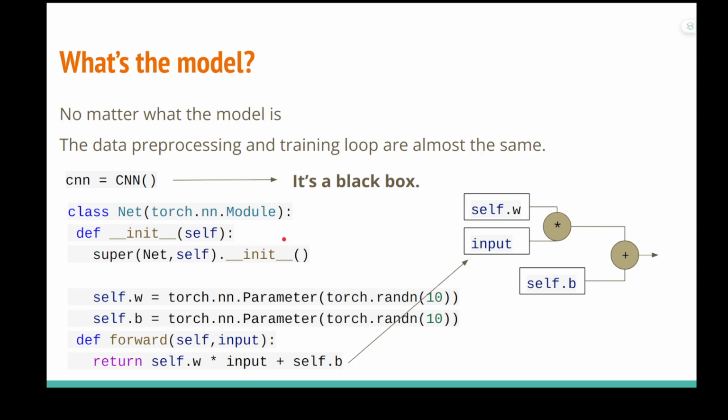Okay, so no matter how complex the model is, the class structure is very similar. It has two functions. One is the constructor, the other is the forward function.